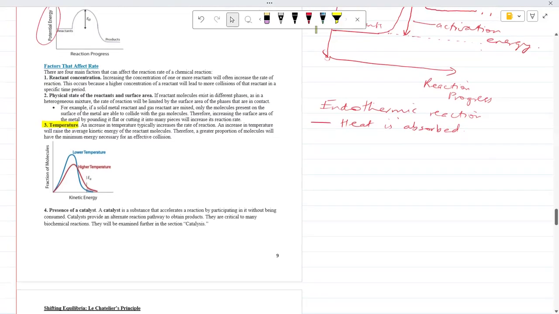This is a graph that illustrates what is happening with temperature. Let's say you have the fraction of molecules on the y-axis and kinetic energy on this side. At a lower temperature, which is the blue curve over here, this is the amount of molecules that will have enough energy for the reaction to occur, assuming you have the activation energy here.